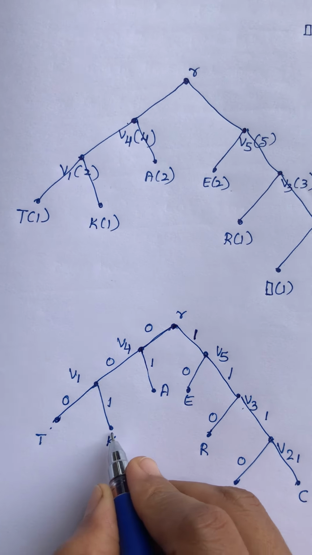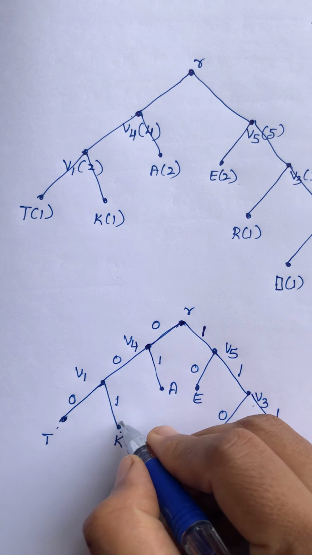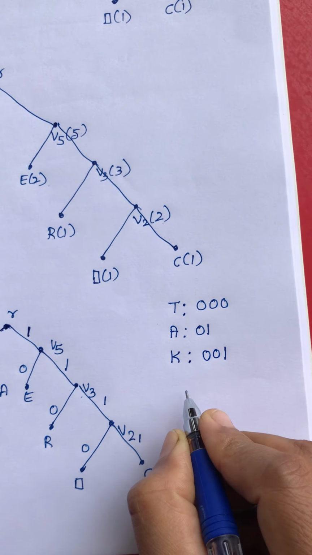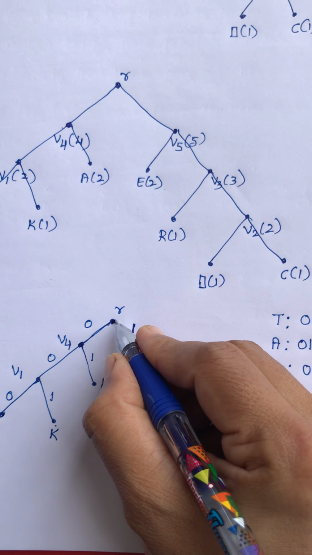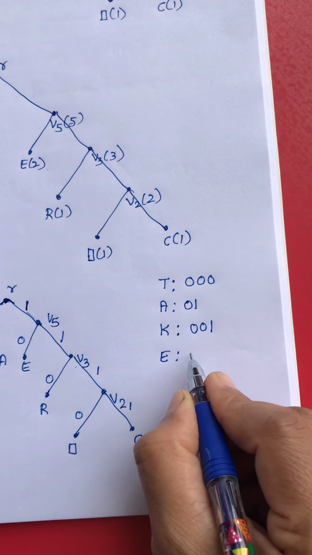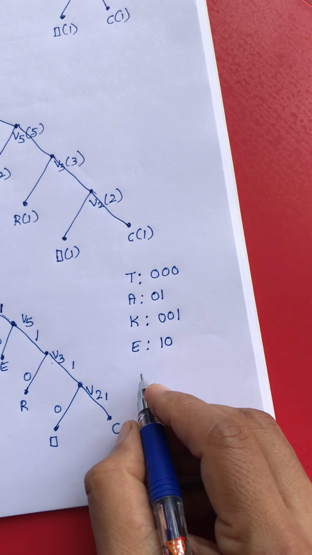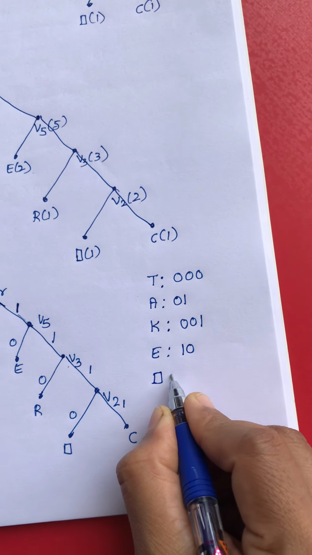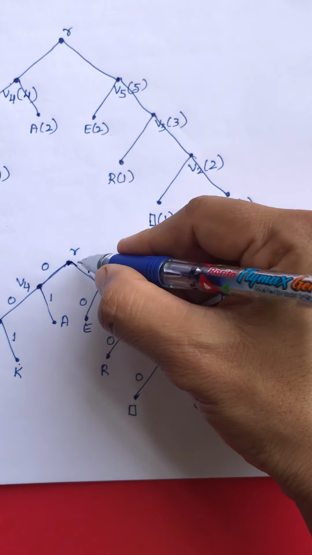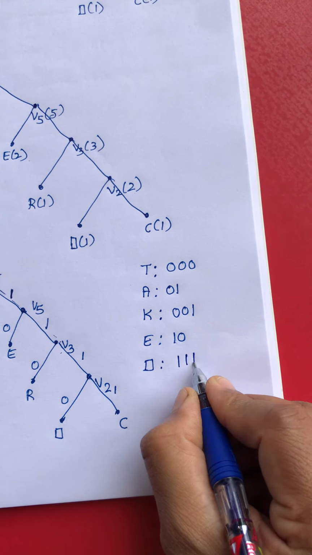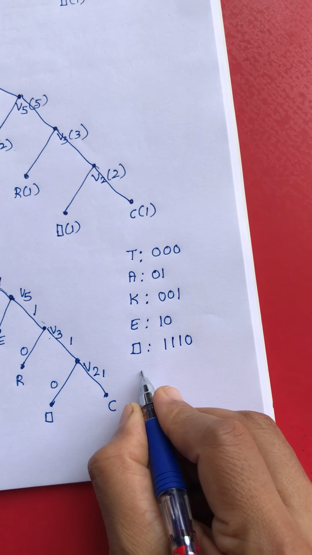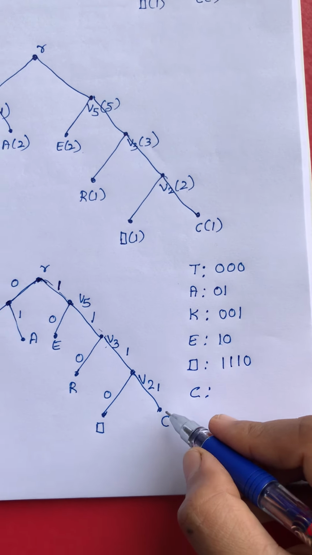For K, K is here. So it is 0, 0, 1. Then we have E. For E, from R, you see 1, 0. Then we have blank space. Blank space is here. It is 1, 1, 1, 0. Then we have C. C is here.